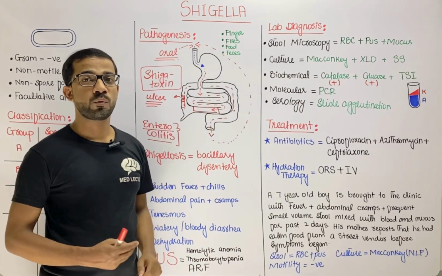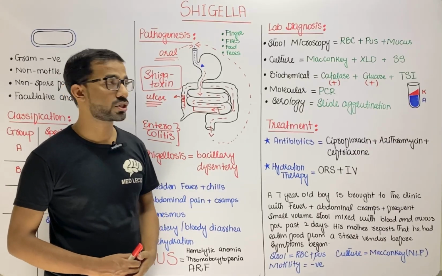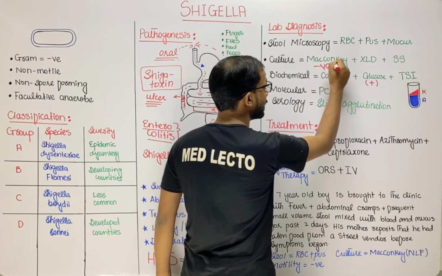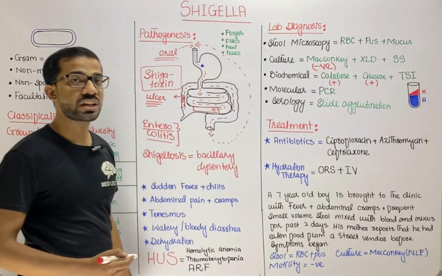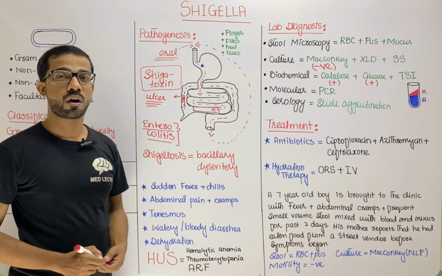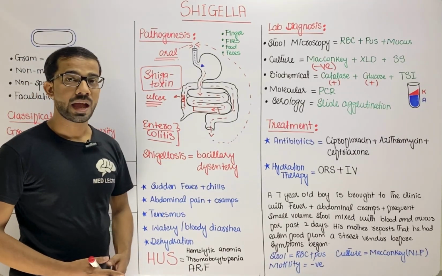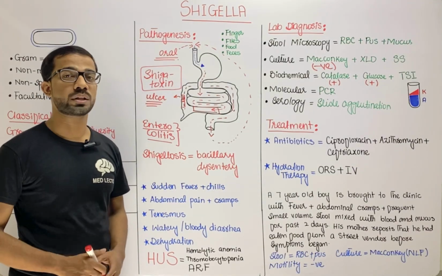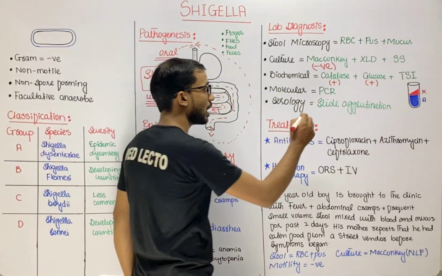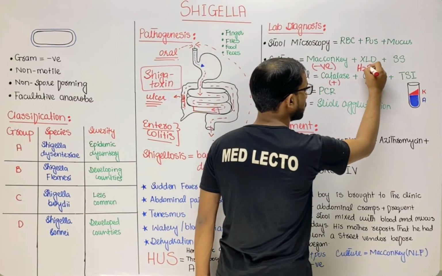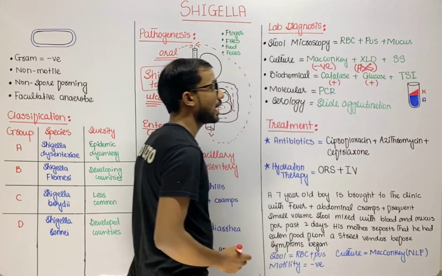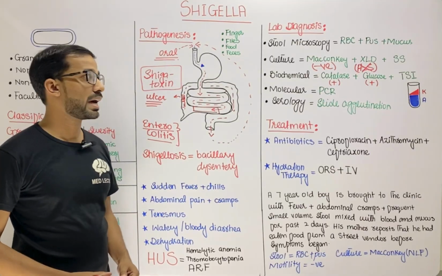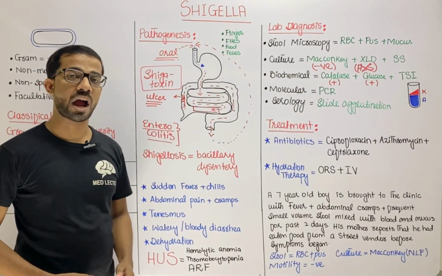In the culture, we have three media on which we can grow Shigella. MacConkey is good for gram negative bacteria, and Shigella is a gram negative bacteria, and Shigella forms colorless or pale colonies on MacConkey agar. On XLD agar, it forms red colonies without black production, because Shigella does not produce any hydrogen sulfide. It can also grow on SS agar, Salmonella-Shigella agar. So these are the three most important media you have to remember.